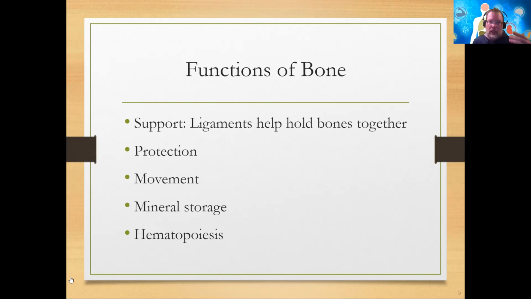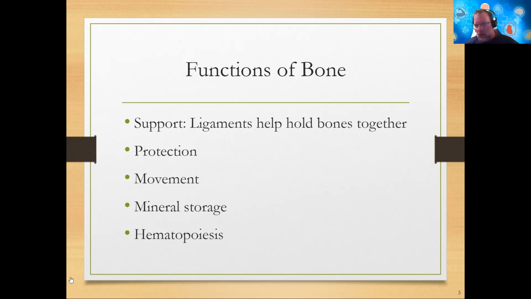So we're going to be looking at the function and role of bone in movement, in being attachment sites for these skeletal muscles to enable movement to occur. And that's where we would see the term tendons. So remember, tendons connect a muscle to a bone. Ligaments are bone to bone, tendons are muscle to bone. So you could put tendons in there with the movement spot maybe.